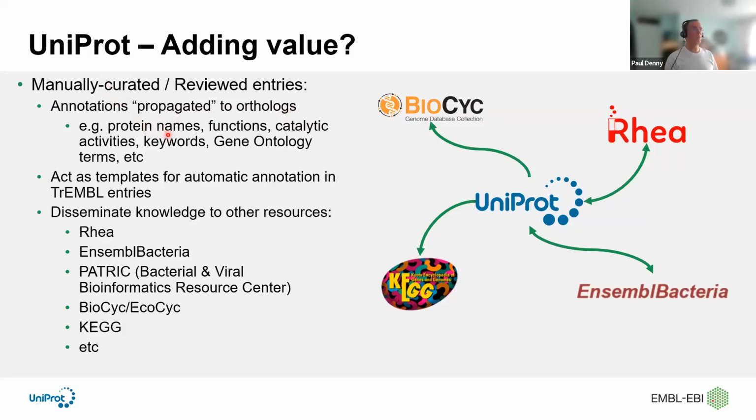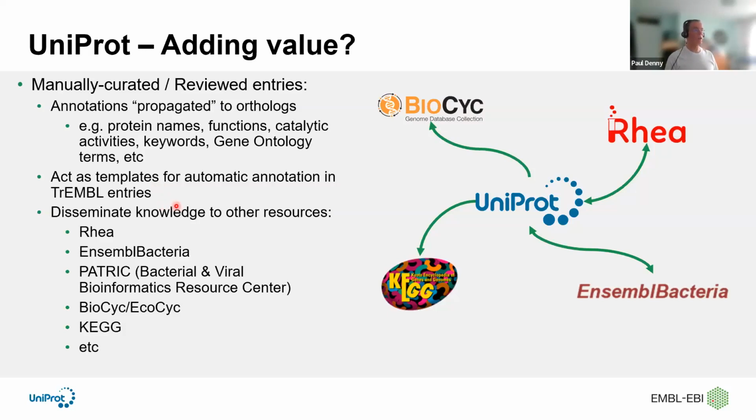So things like their name, a brief outline, usually just a phrase about what the function of the protein is, if it has known catalytic activities, and so on. And these also act as templates for automatic annotation in the translated EMBL entries.